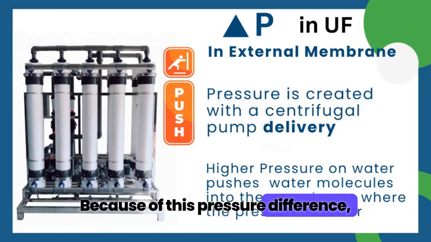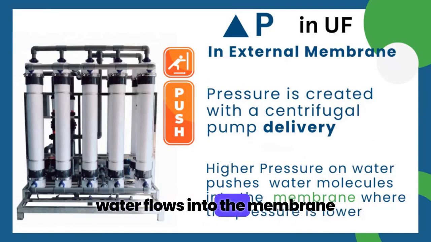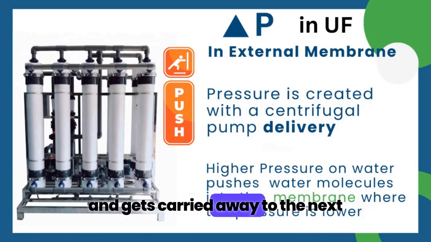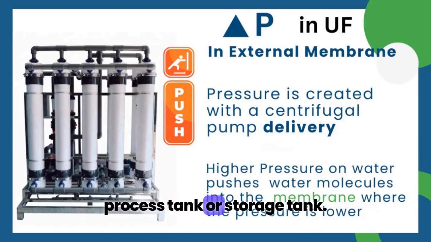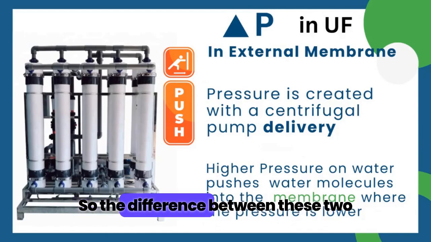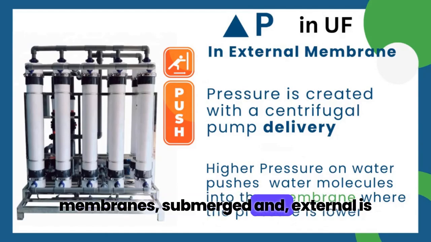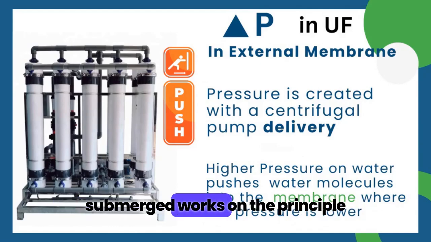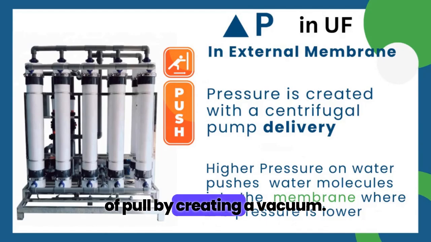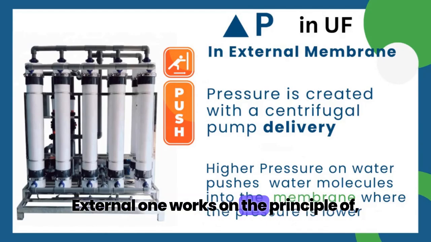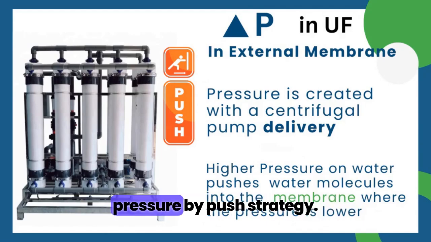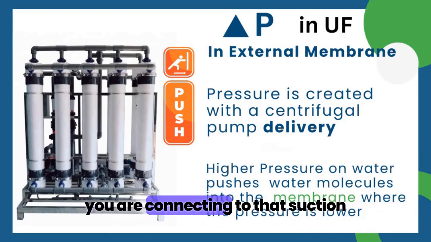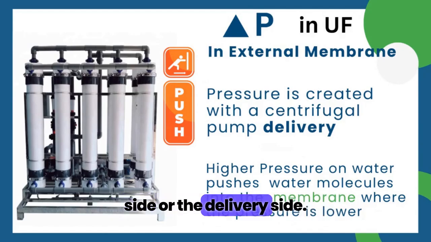Because of this pressure difference, water flows into the membrane and gets carried away to the next process tank or storage tank. So the difference between these two membranes, submerged and external, is submerged works on the principle of pull by creating a vacuum. External one works on the principle of pressure by push strategy. Both require a pump, whether you are connecting to the suction side or the delivery side.